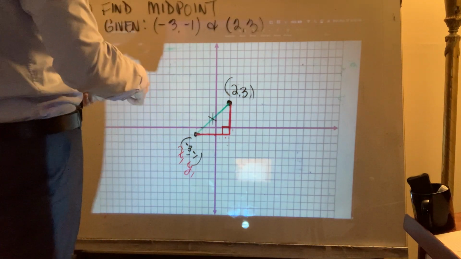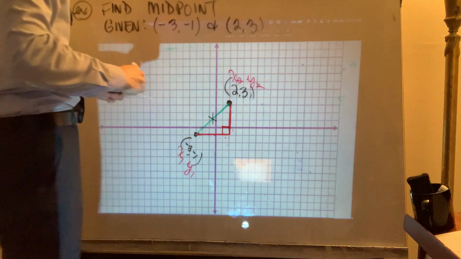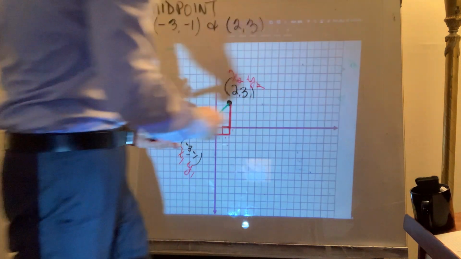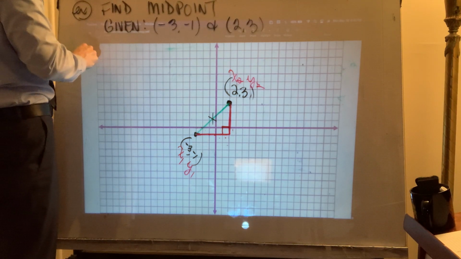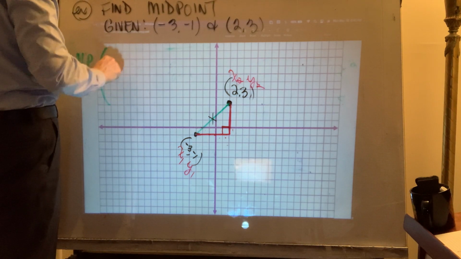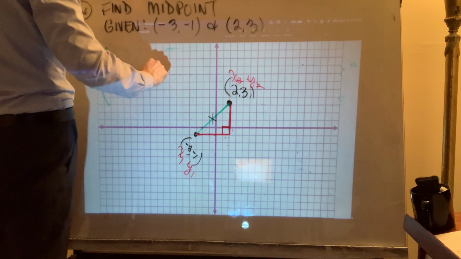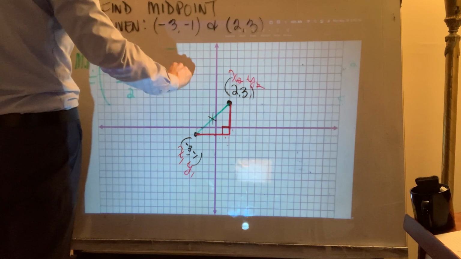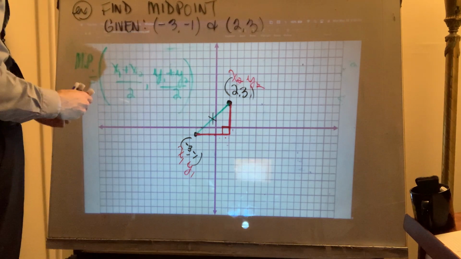And again, I'm going to just borrow these ordered pairs in a different formula. So if the midpoint formula is basically an average of x's, and comma, an average of y's, right, I'll just insert them appropriately.